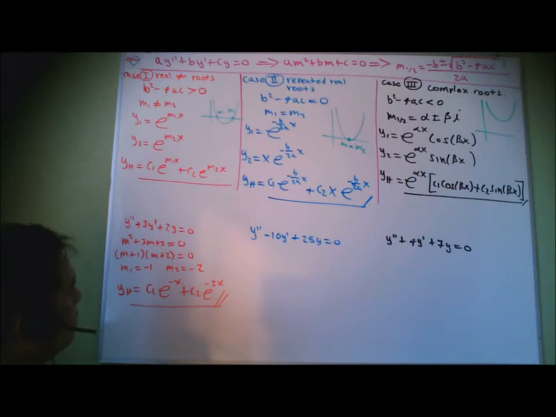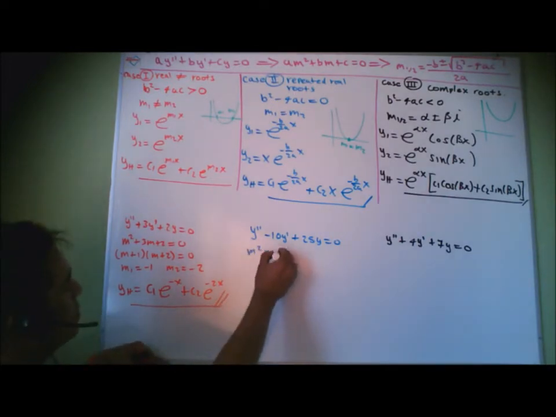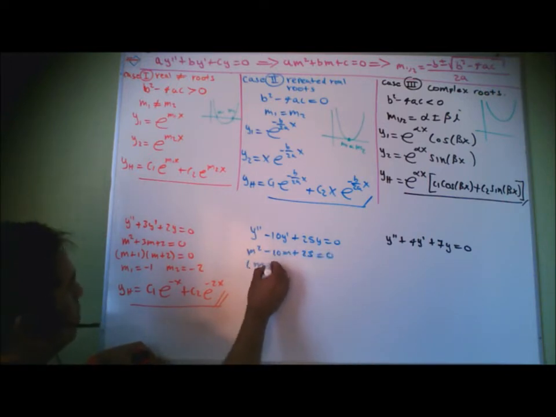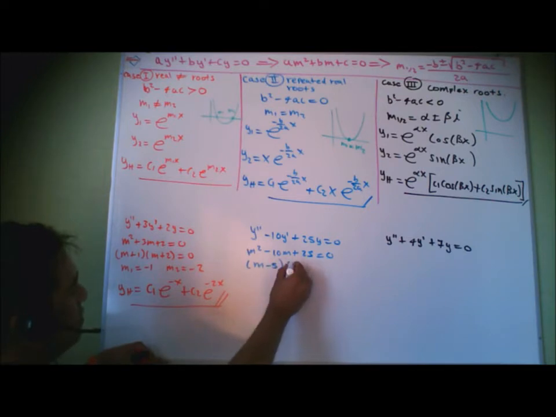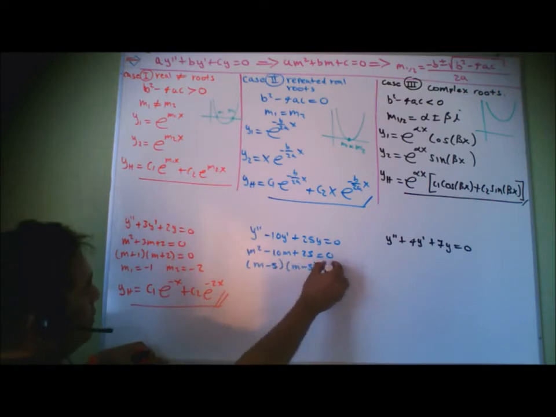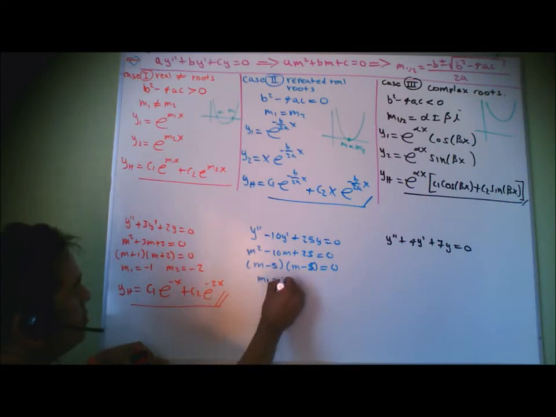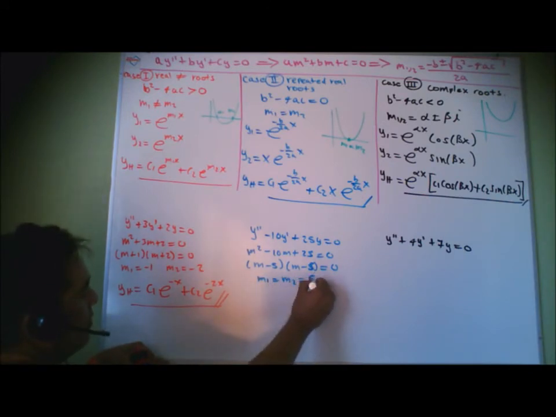Okay, now the other repeated root case is going to be m squared minus 10m plus 25 equals 0, m minus 5, m minus 5, they are clear, the roots, right? So m1 is equal to m2 and is equal to 5.